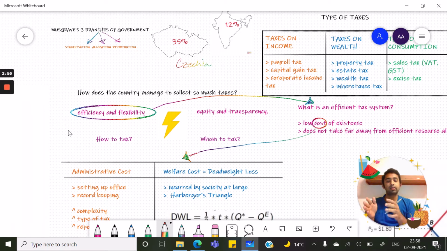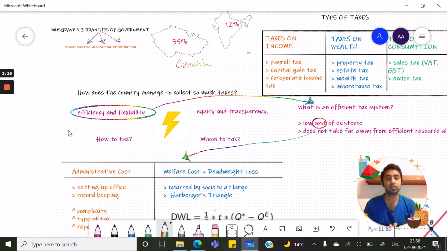So the tax system should be efficient and it should also create an equitable society in the country, right? So when I talk about efficiency and flexibility of the taxation system, the question which the administration should answer is how to tax, right?